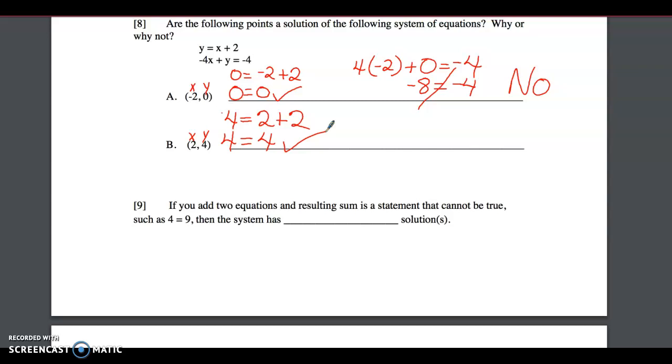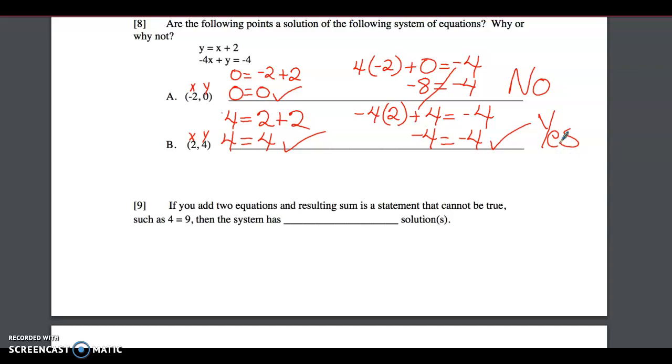Taking it into the second one, -4 times 2 plus 4, and we want to know, does that equal -4? -4 times 2 is -8, plus 4 is going to give me -4. Those two things are yes. So since it works in both equations, the answer is yes. 2, 4 is a solution.